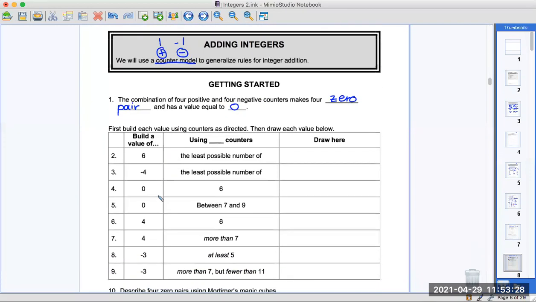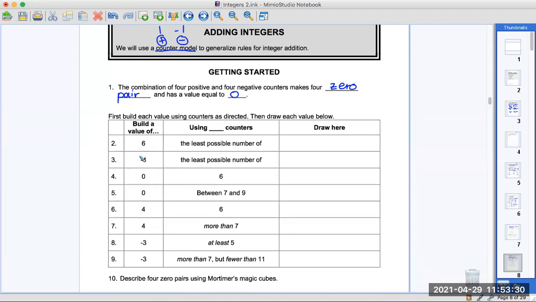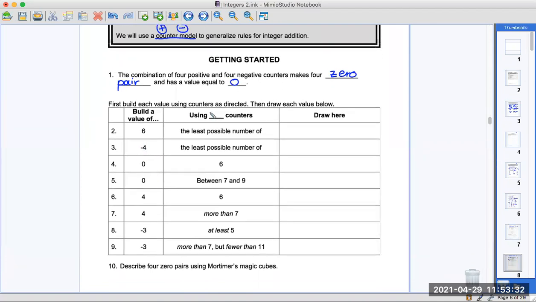Okay. So on the previous page, you have already started this, how to build values. So to get the value 6 with the least possible number of counters, you're inserting the sentence here, would be just simply 6 positives. 1, 2, 3, 4, 5, 6. That's the least possible.